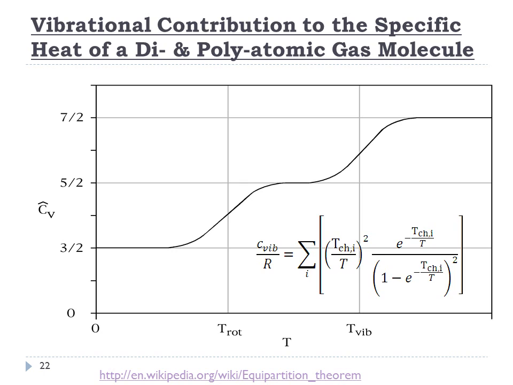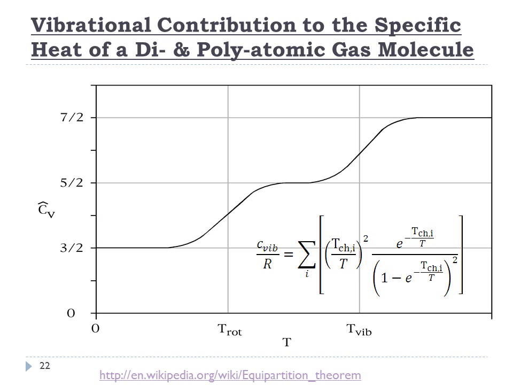Okay. So this is the graphical way of what I was just talking about. This is for a diatomic gas when you are either below the temperature of rotation, in between the temperature of rotation and the temperature of vibration, or above the characteristic temperature of vibration.